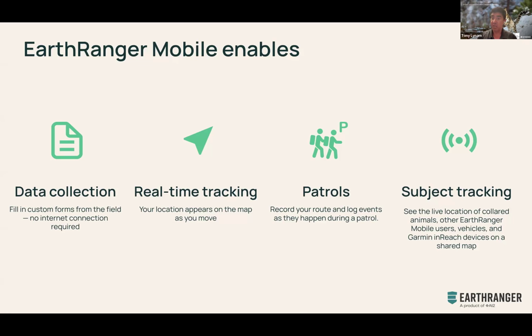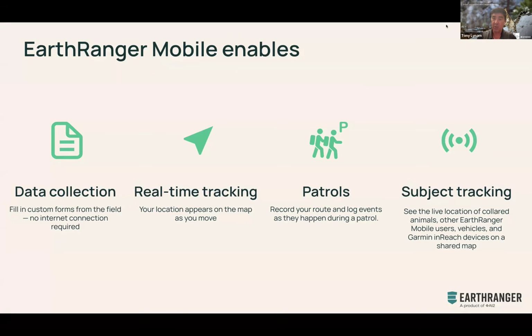It allows you to do real-time tracking if you're in a network. If you're in a mobile network, then you can actually record and upload data, and you can also see your location in real time. For patrols, if you're doing community patrols or ranger patrols with staff from a protected area, it allows you to record the route, and it allows you to log events as they happen on the patrol.